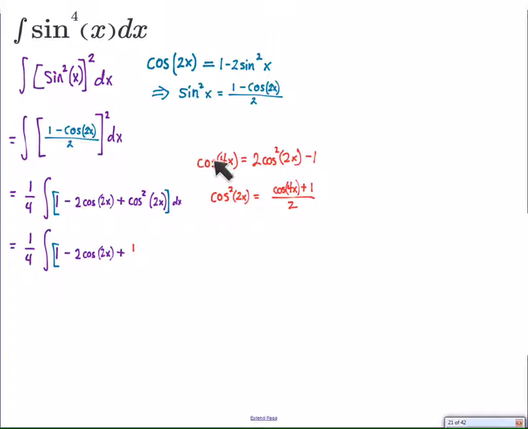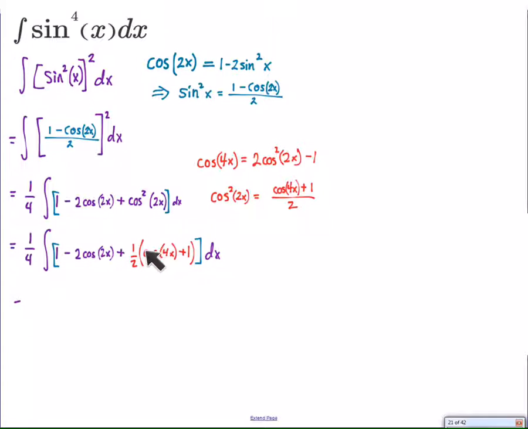This is using the double angle identity, except the double angle is double 2x. Double 2x, you get 4x. So this gives us 2 cosine squared 2x minus 1. And then we can solve for cosine squared of 2x, and that's how we got cosine of 4x plus 1 over 2. So here's the cosine of 4x, add the 1, divide by the 2, and that's what we get.